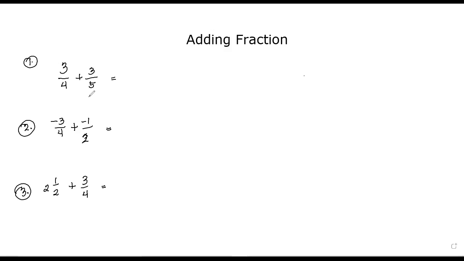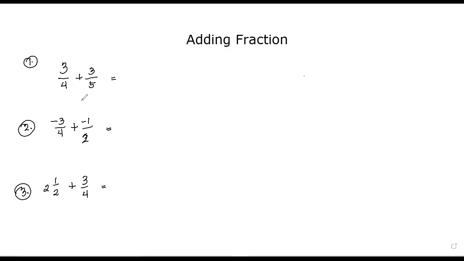We need to think of a number that we can divide by 4 and also by 5. In getting the same denominator, you're looking for a number that you can divide both denominators by, the common denominator, the least common denominator.